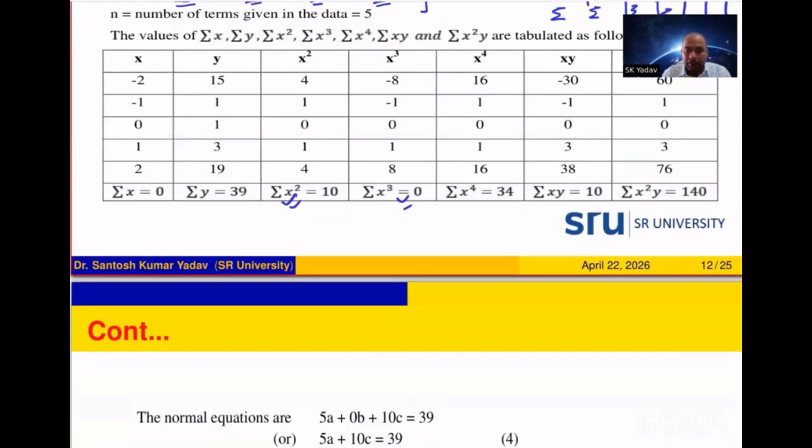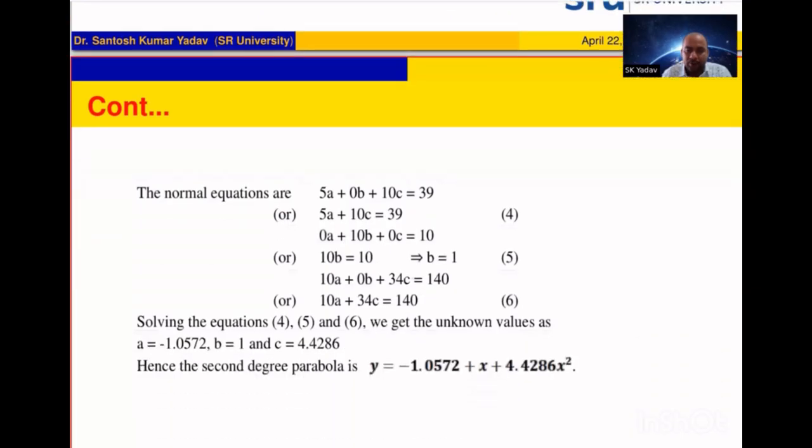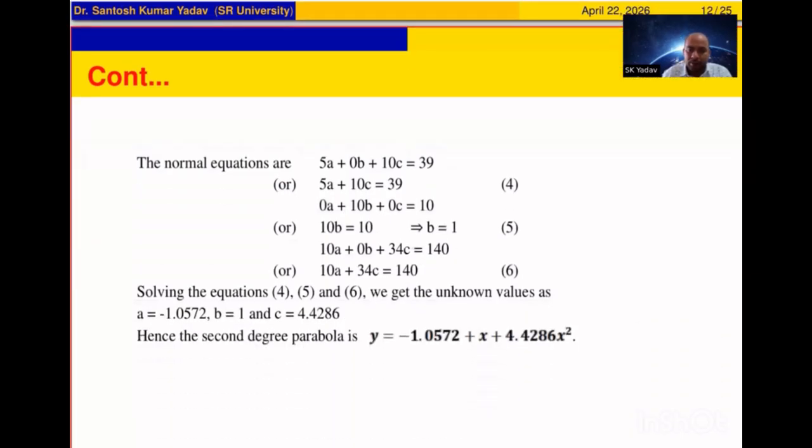After getting the summation of the columns required, I can write the equations, here equations 4, 5 and 6. By solving these 4, 5, 6, I got A equal to this, B equal to 1 and C equal to 4.4286. And then I can write this best fit parabola.